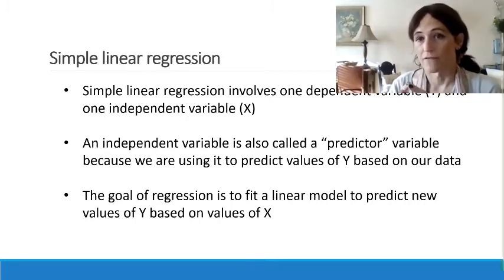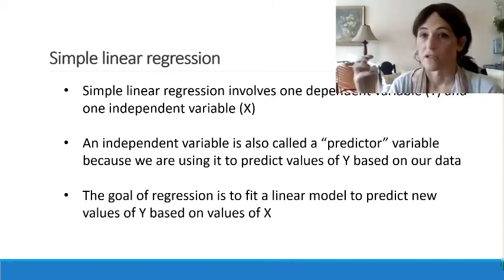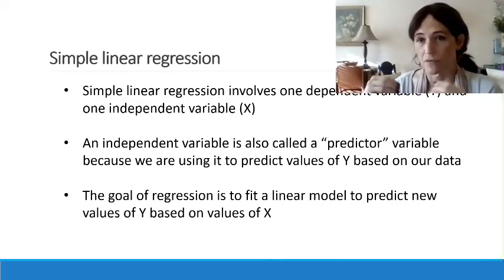So we might have some outcome of interest, which won't change as we go from model to model, and then put in one at a time different independent variables to see what kind of crude association it has with our outcome, meaning just a bivariate relationship with the outcome.